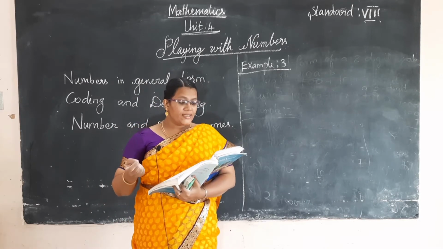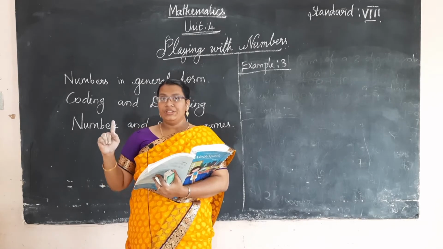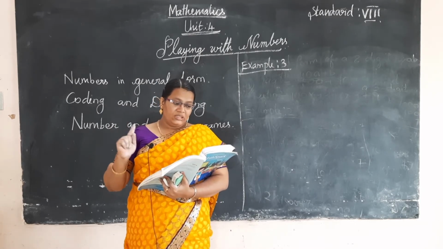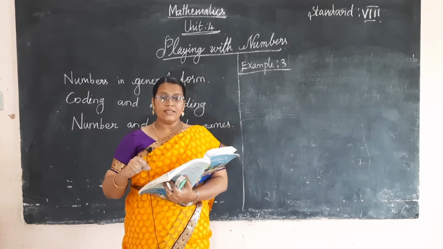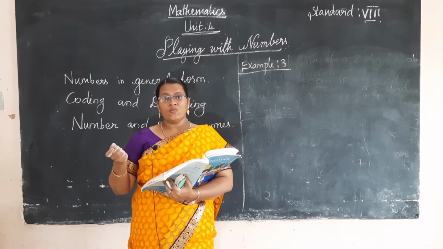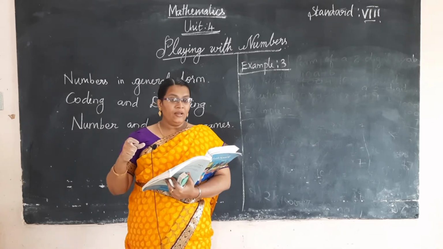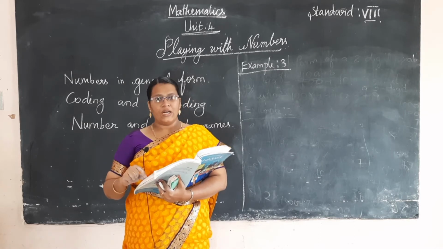If both the digits are interchanged, then the newly formed number is 36 more than the original number. So interchanging the numbers, the ones place moves to the tens place and the tens place moves to the ones place.